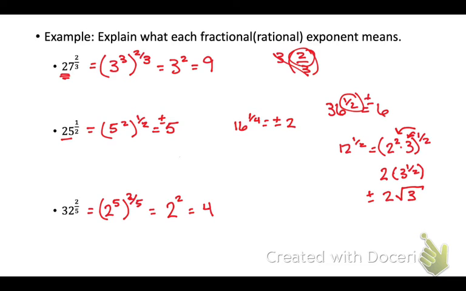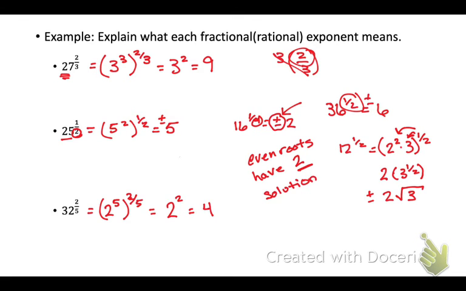So anytime you have an even root or an even index, your answer is going to have how many solutions? 2. So even roots, that would be the root. Even roots have how many? 2 solutions.